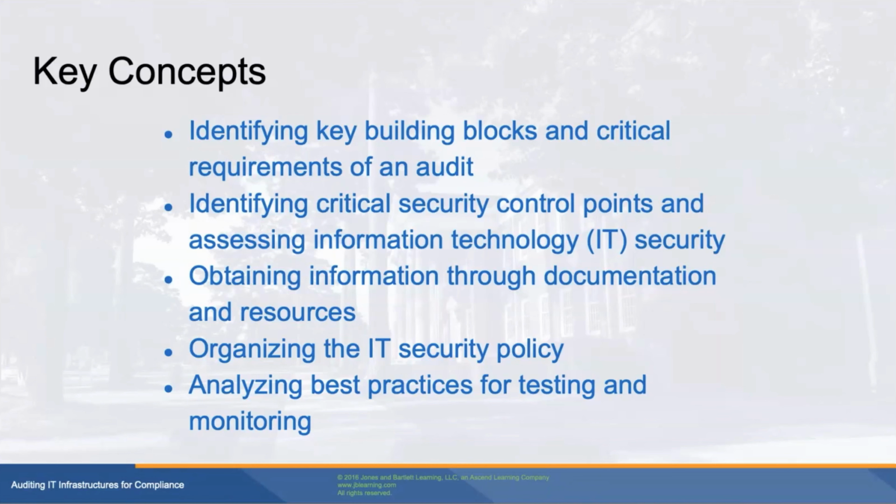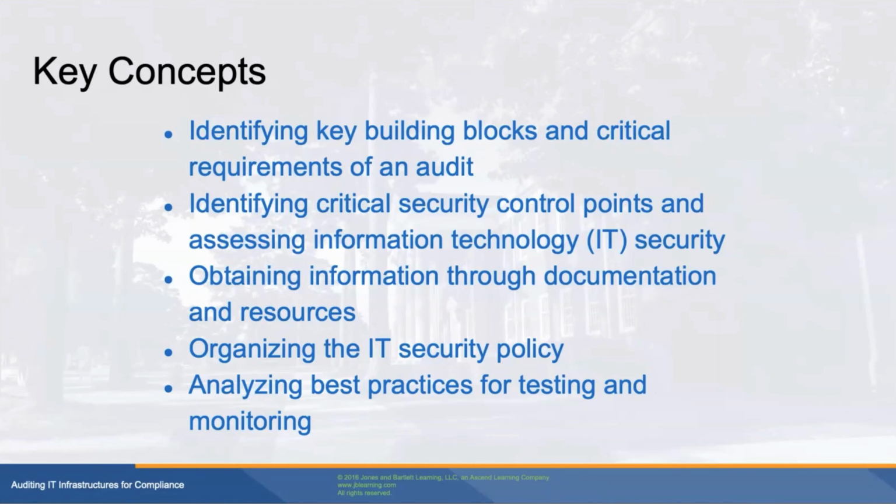How to obtain information through documentation and resources. A couple of chapters ago, we talked about where you would go to get information about all the different domains. There's different places. For the user domain, you might not stop at the IT department to get that information and documentation. You may have to stop at human resources.